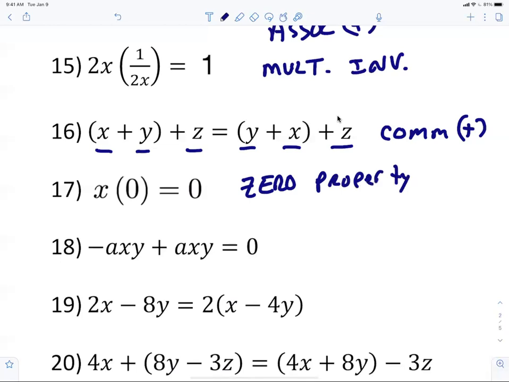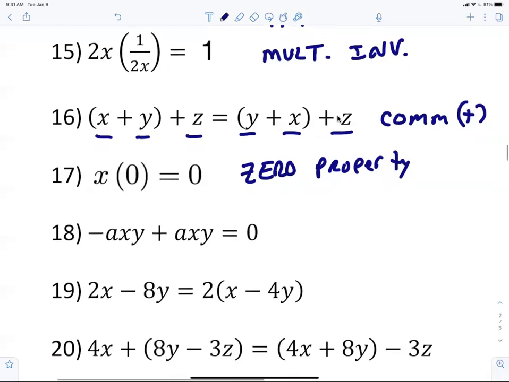What does the zero property tell you? Anytime you multiply by zero, you are a what? You are a zero. Thank you. Brooks, is that okay? All right. Can rational numbers be negative? Yes. Right. Negative 1/2. True.